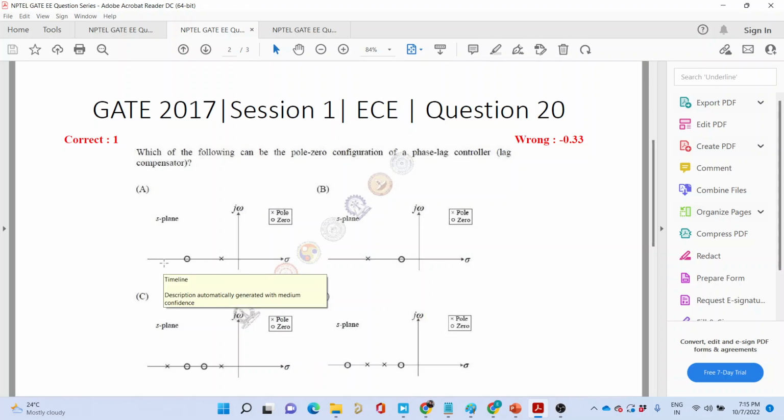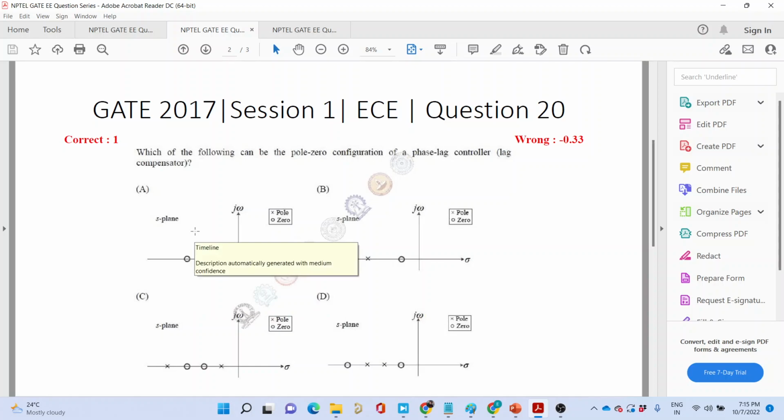Now tell me what would be the impulse response of the system. Simple system, k divided by s plus 1 into s plus 2. So find the time domain response.